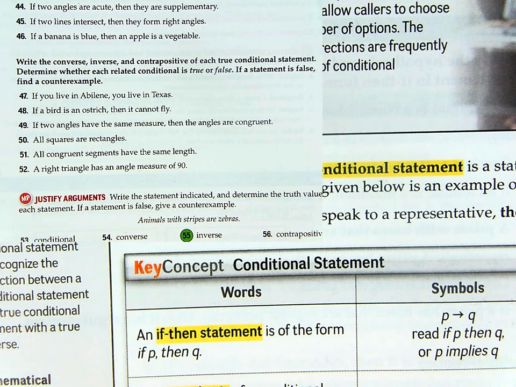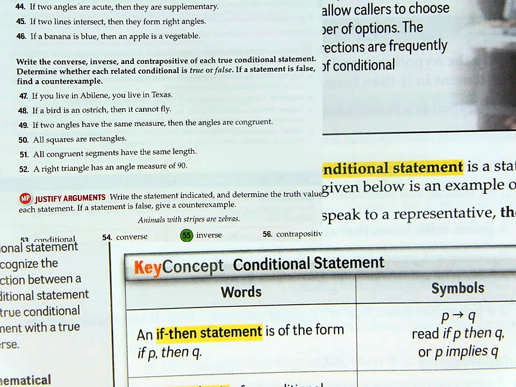So we need an if-then statement out of that. It's implied, but if we included those in it, how would it read?